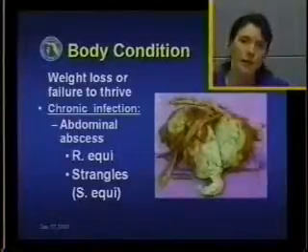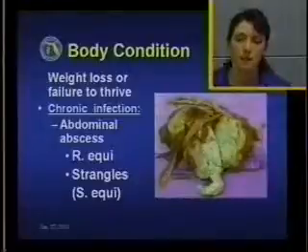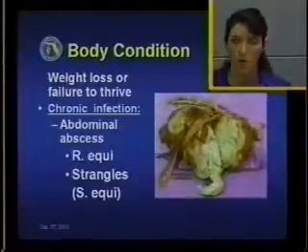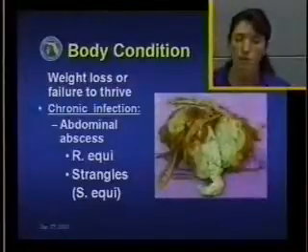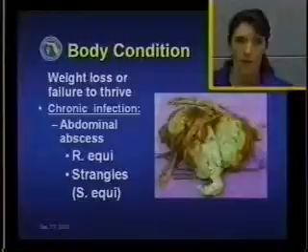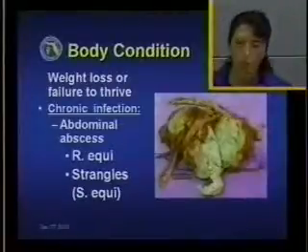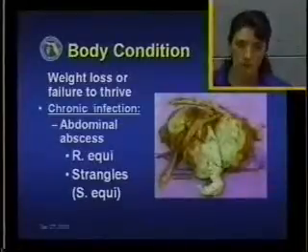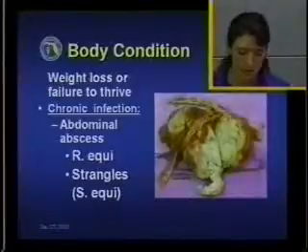Some of the most common bacteria associated with these abdominal abscesses are Rhodococcus equi, mostly in young horses, or strangles, which is associated with Streptococcus equi var equi. These two bacteria will be addressed in the respiratory portion of this talk.